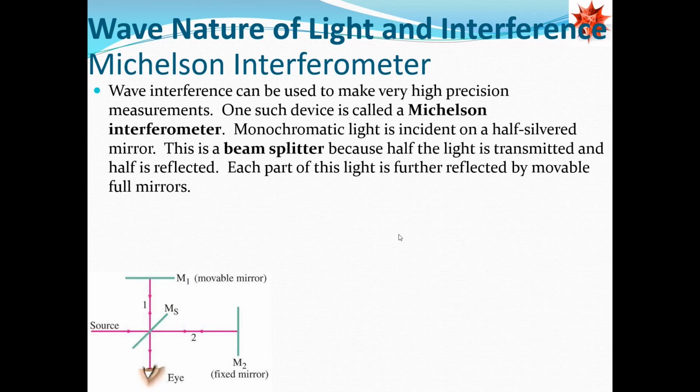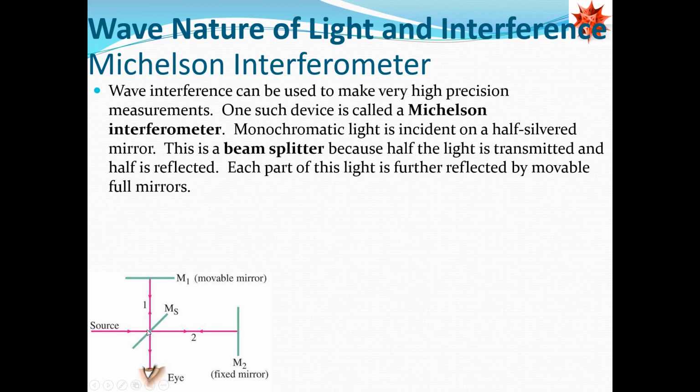There was an experiment done that we can use to make very high precision measurements. It's called the Michelson interferometer. The way it works is we have a light beam coming in, and then we have a mirror which acts as a beam splitter.